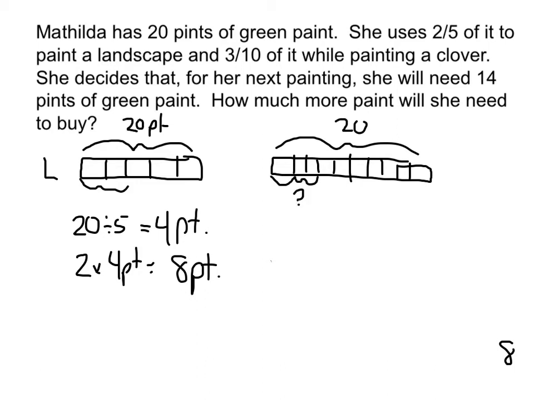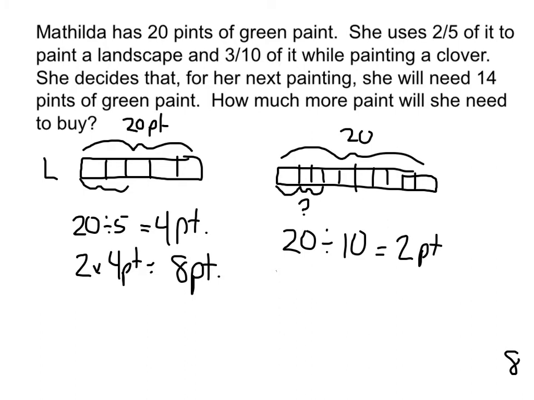If I take 20 pints and divide it by 10 equal units, I get 2 pints per unit. And I have 3 units, so I have 3 groups of 2 pints, and that is 6 pints for the clover.